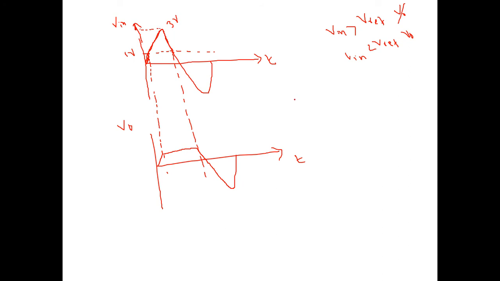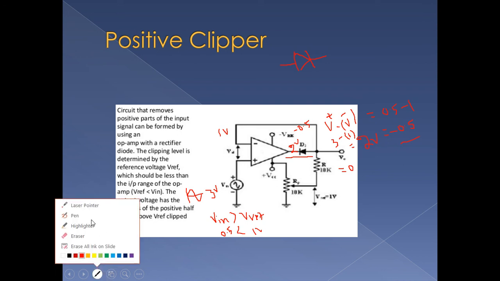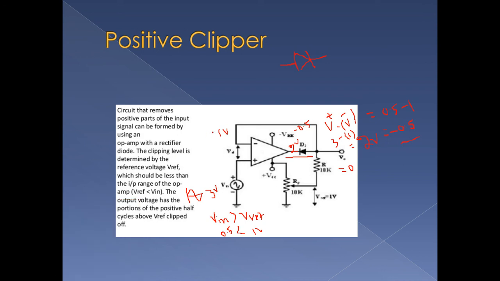So let's see what will happen if a negative reference voltage is given. Consider I am giving minus 1 volt. We know the output will be V plus minus V minus.